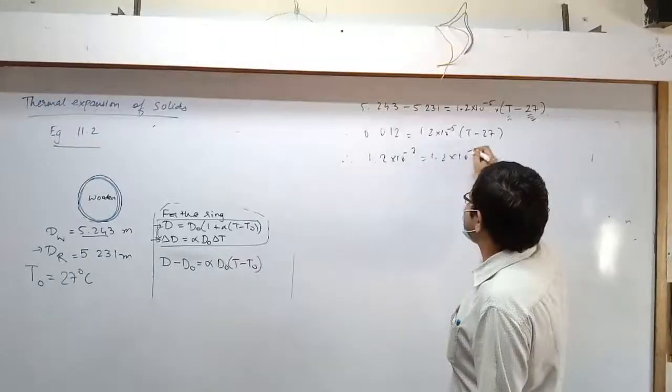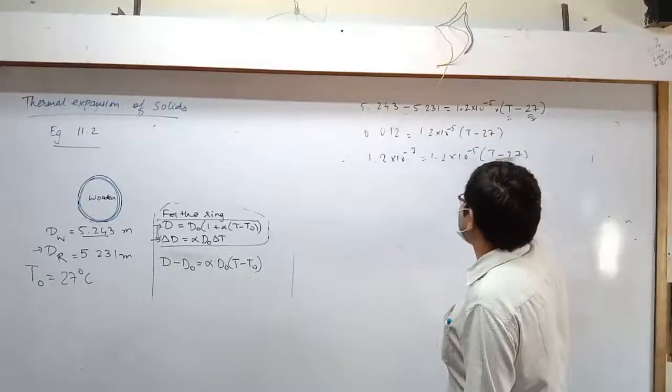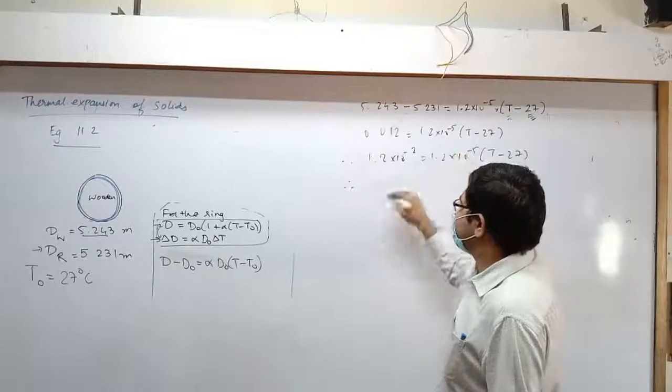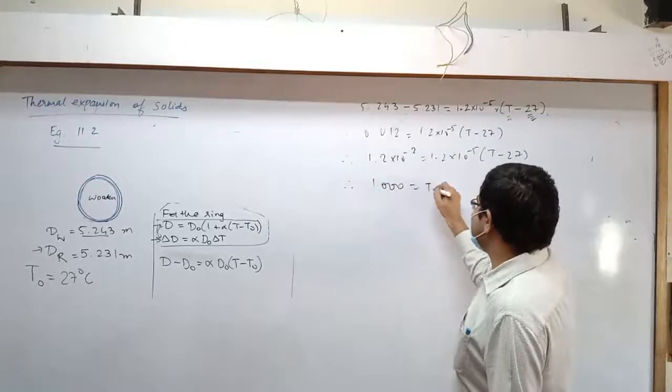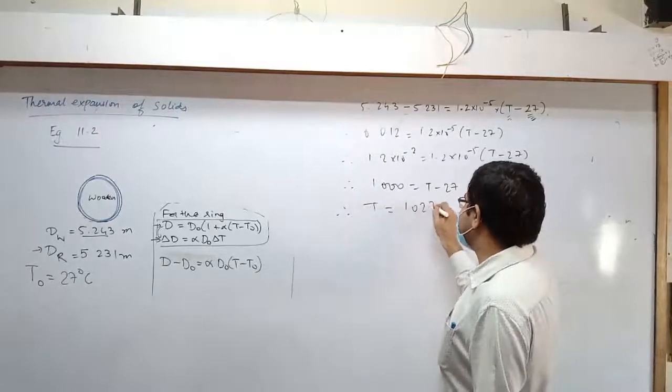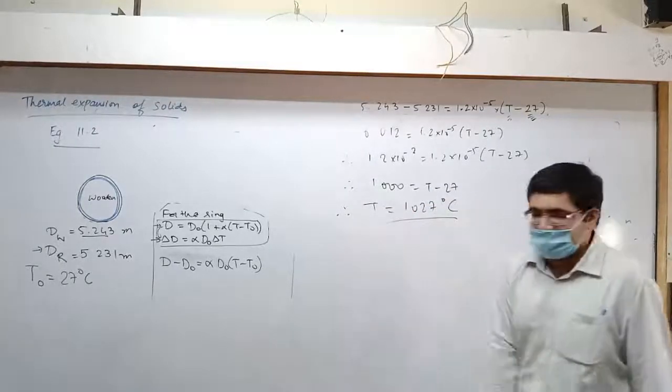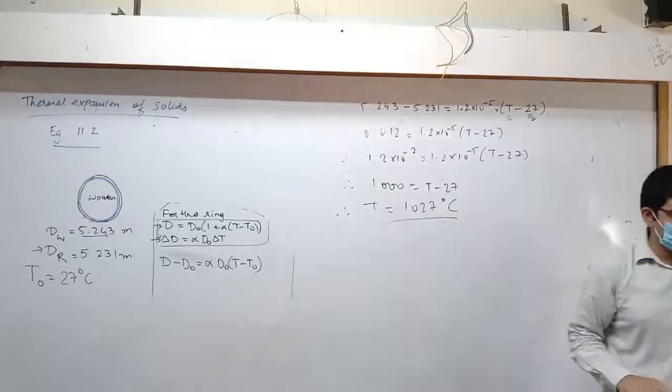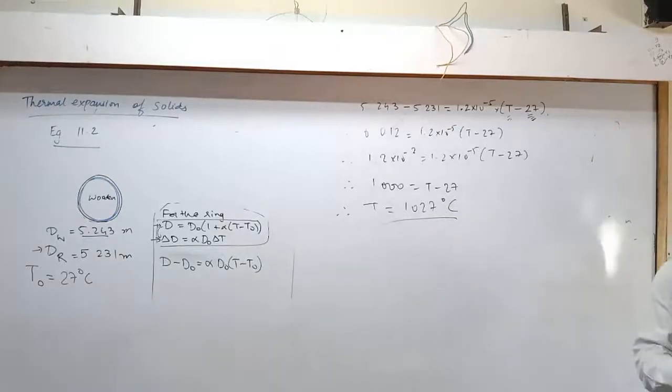So a lot of things are cancelled. So what will we get? Therefore 1000 equal to T minus 27. So T equal to 1027 degrees.